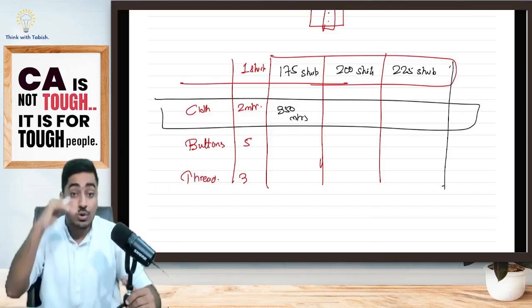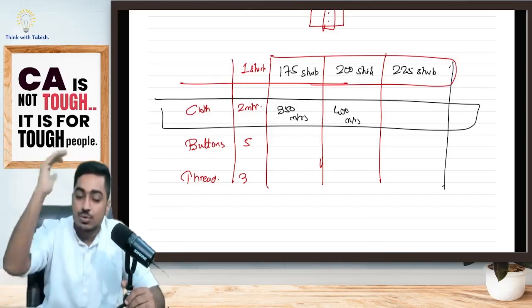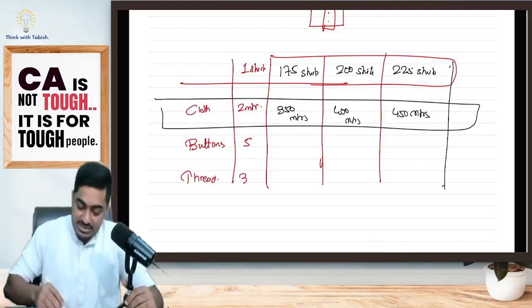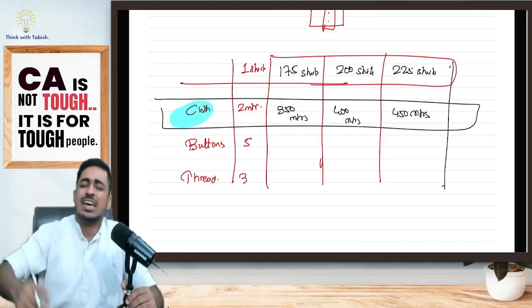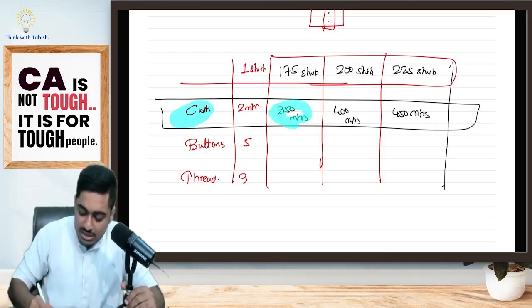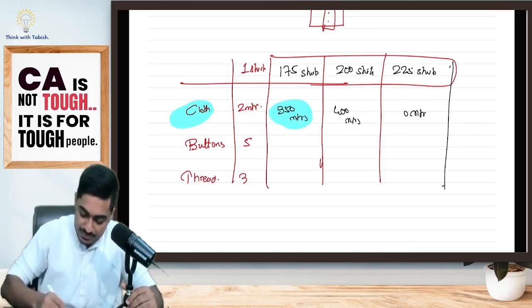If 200 shirts, 200 into 2, 400 meters. If 225 shirts, 225 into 2, 450 meters of cloth. That means for cloth in the next week, at least 350 meters I will use, and maximum 450.